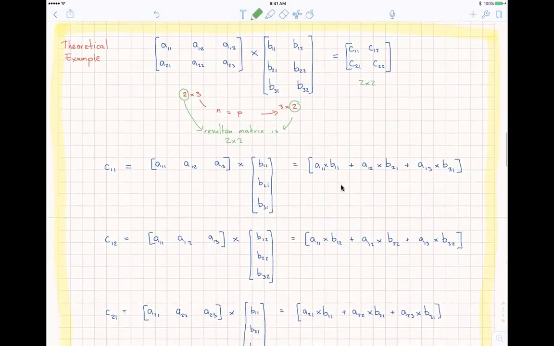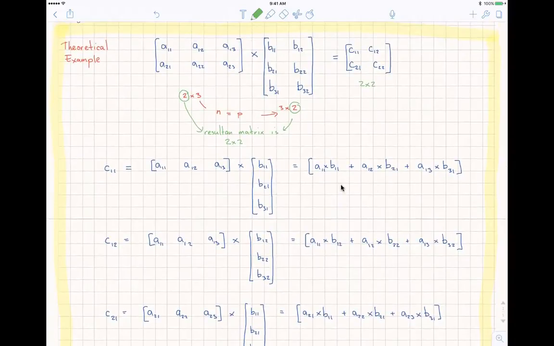So theoretically, what should happen is we take that first row and we multiply it by the first column. So first row by the first column. And we take each element. So we take A11 and we multiply it by B11.